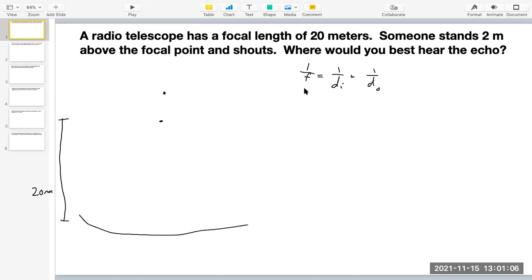Just plug it in: 1 over 20 meters, minus 1 over 2 meters, where it's going to, sound will collect and then spread out from again.